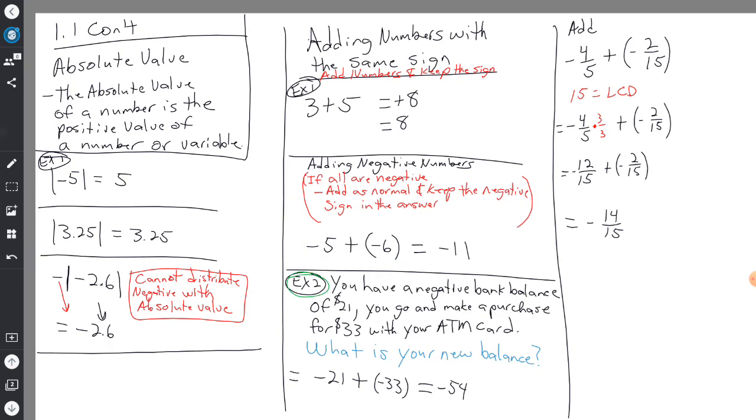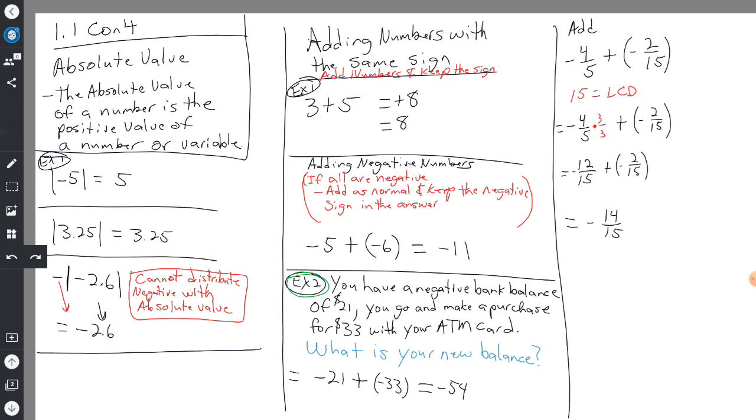In example 2 here, you have a negative bank balance of $21. So in other words, negative 21. You go to the store and make a purchase for $33 with your ATM card. What we would want to know is, what is your new balance? Well, we started out with negative 21.